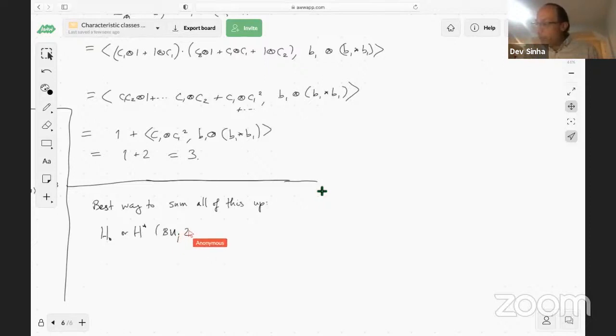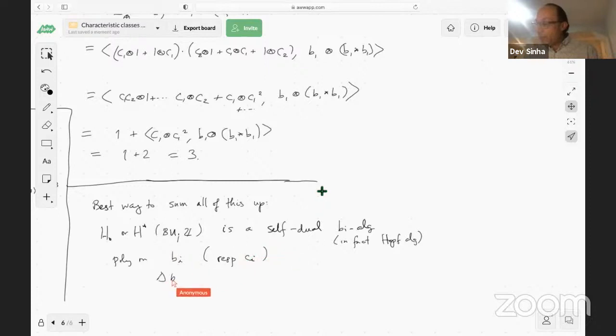Let me be clear. This ends up being a self-dual bialgebra, or in fact, Hopf algebra. And you can see the presentation, it's polynomial on either Bi or Ci respectively.